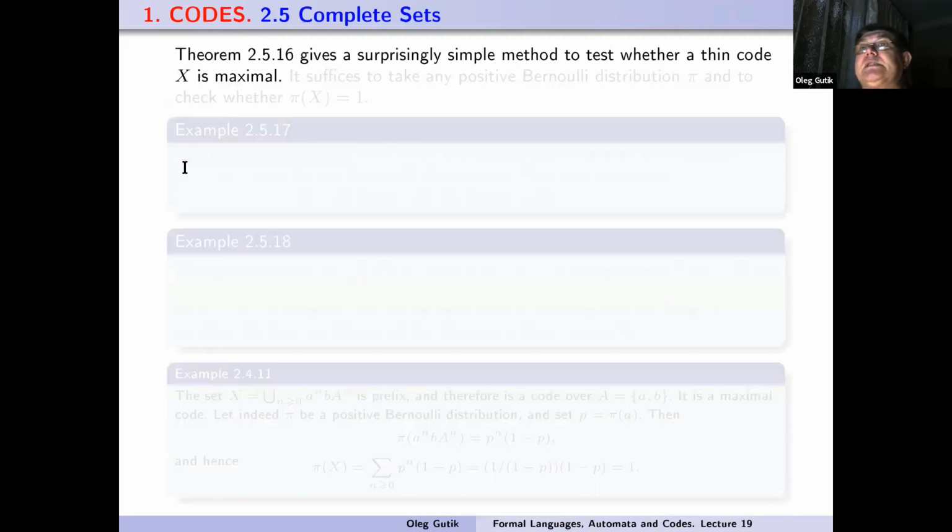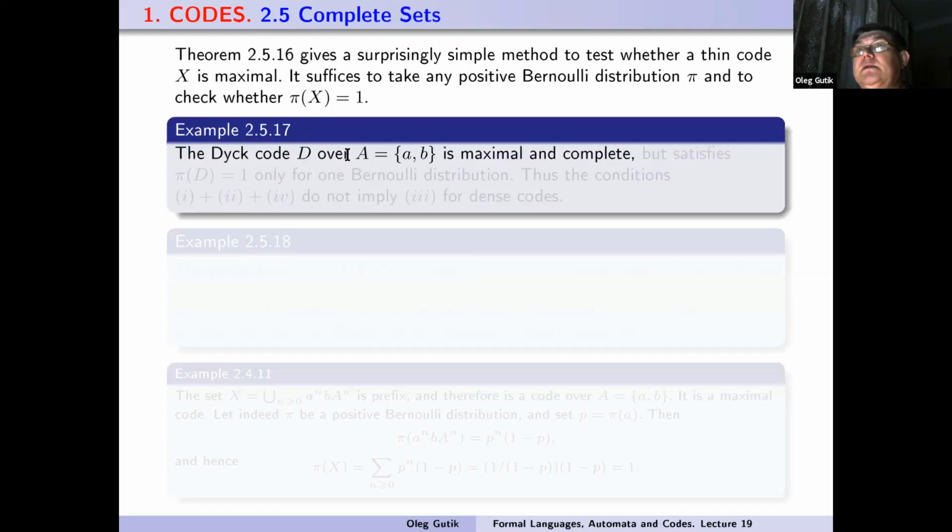Next, Theorem 2.5.16 gives a surprisingly simple method to test whether a thin code X is maximal. It's sufficient to take any positive Bernoulli distribution π and to check whether π of X is equal to 1.